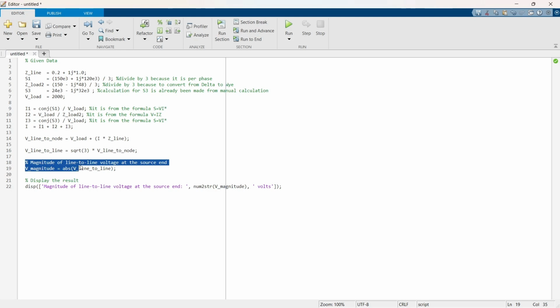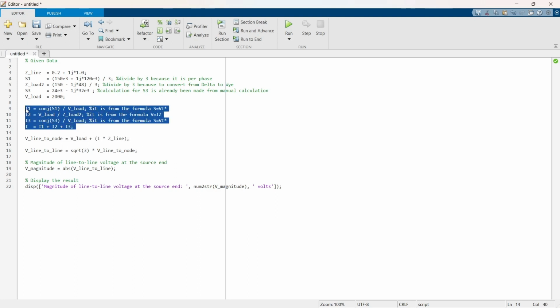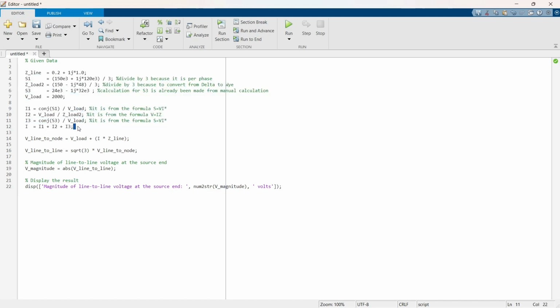The magnitude of the line to line voltage at the source end, we declare as V underscore magnitude equals the absolute value of V line to line. Why did I put the absolute here? It is because the answer here is coming from this and this.